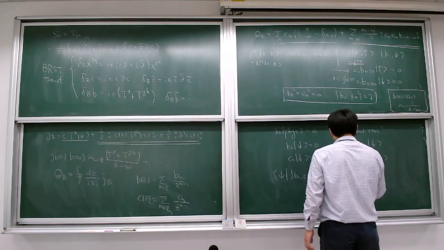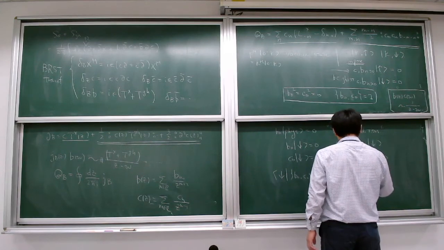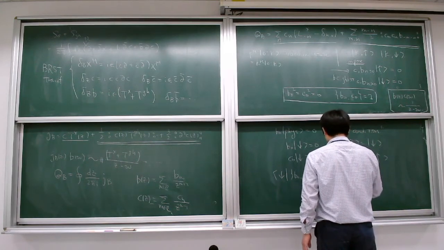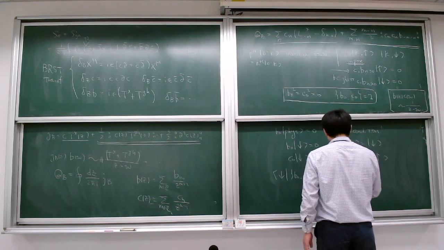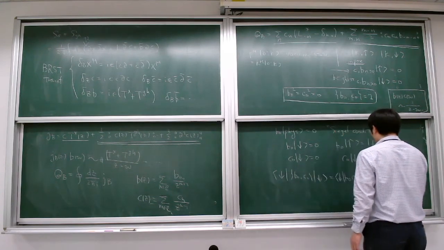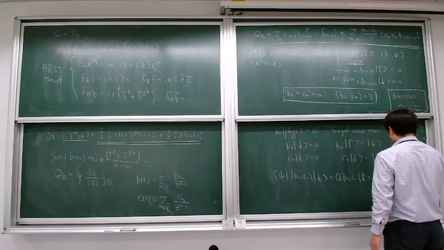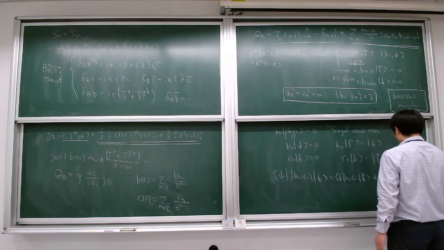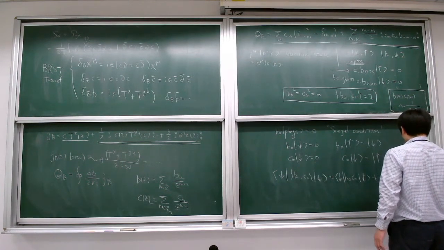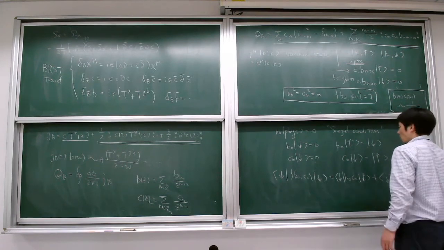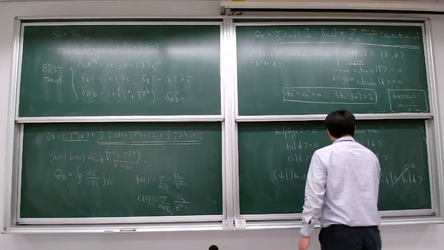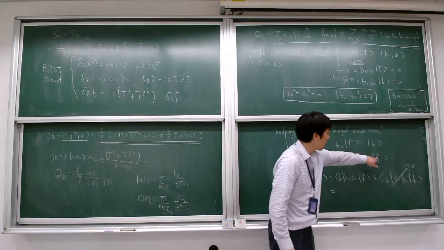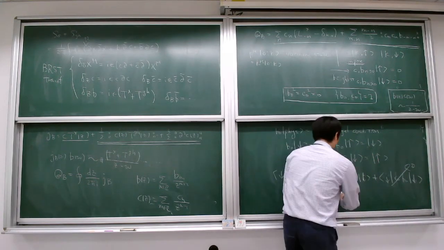The B0, C0 plus C0, B0, and this one is 0, and then this one brings up and down, and you get the 1.